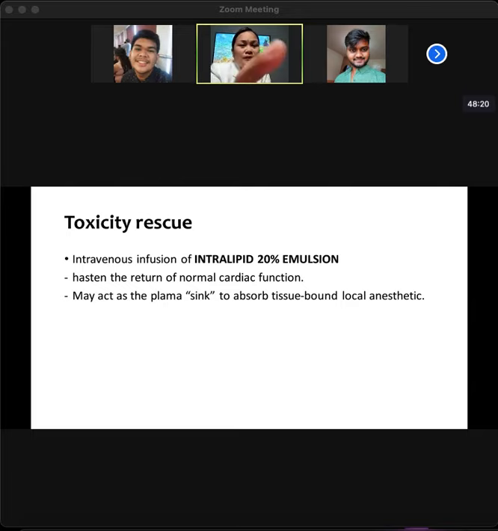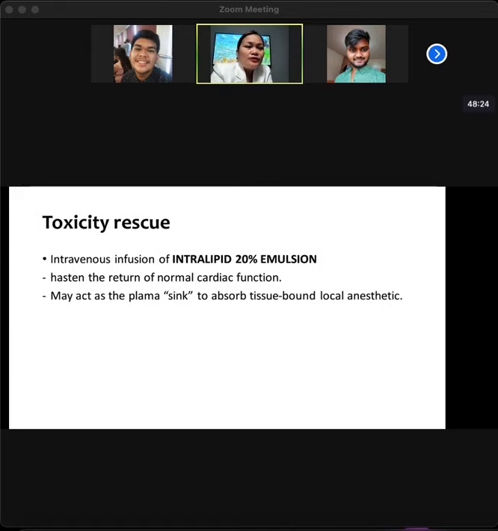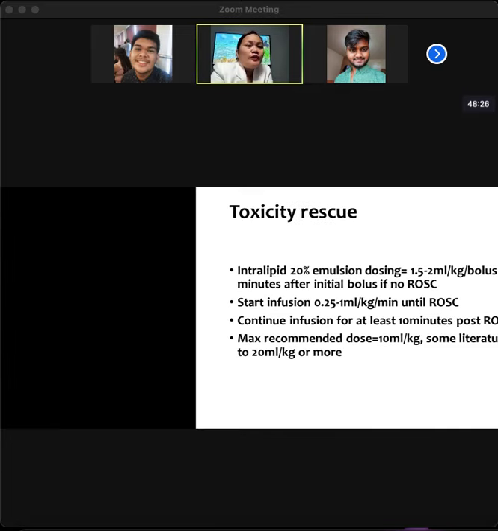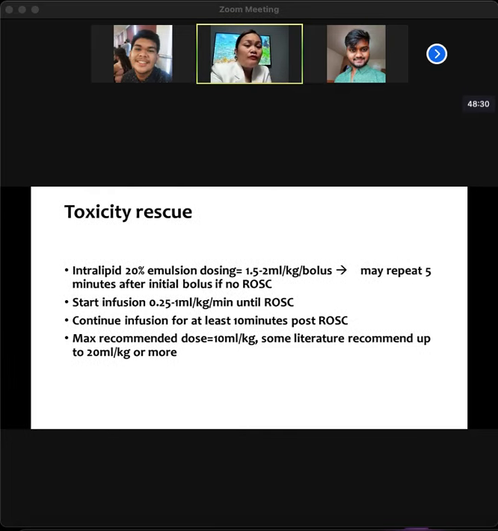Parang chelation ang mangyayari dito. Okay? So, usually the dose of your intralipid 20% emulsion is 1.5 to 2 ml per kilogram per bolus and may be repeated 5 minutes after initial bolus if no return of spontaneous circulation.